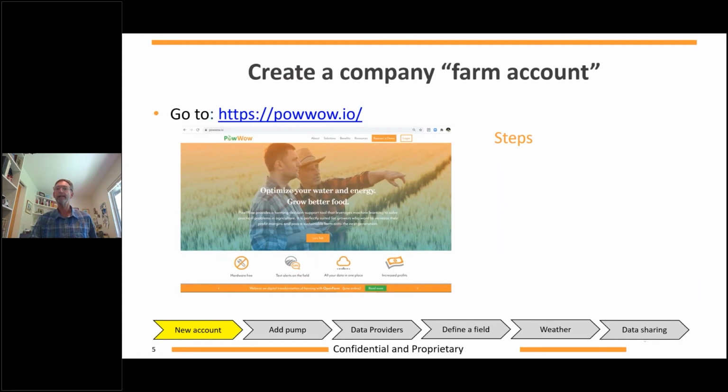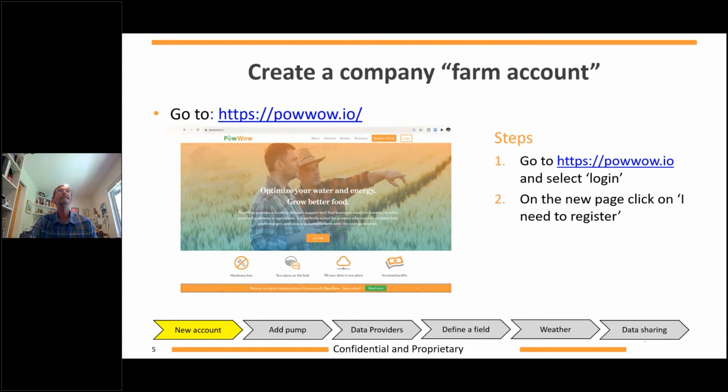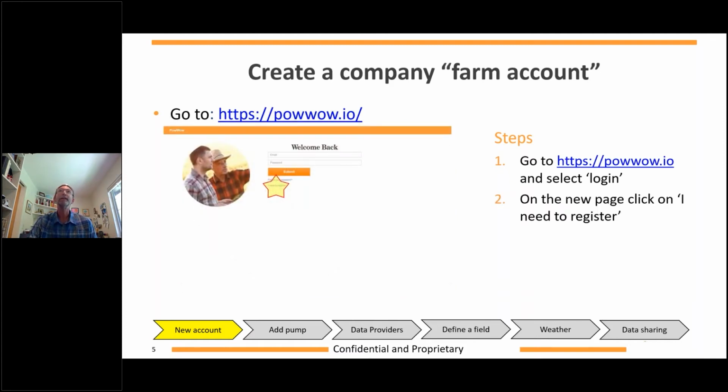So we'll dive right in with creating a farm account. If you go to powwow.io and select login, which is in the upper right, you can click I need to register and create your own account. Or in the case of the two of you, you'd be logging into your existing account, which is a user in a company that's already been created.